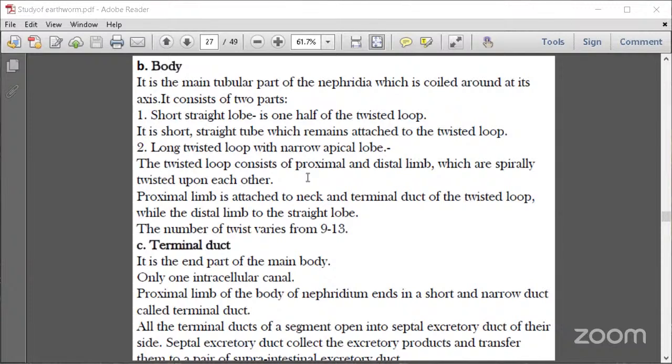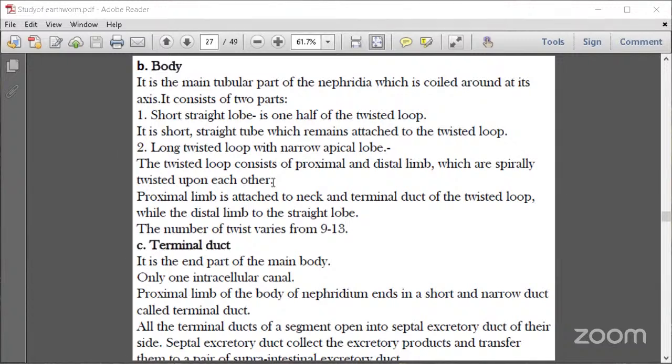The short straight lobe is one half of the twisted loop. It is a short, straight tube which remains attached to the twisted loop. The long twisted loop has a narrow apical lobe.